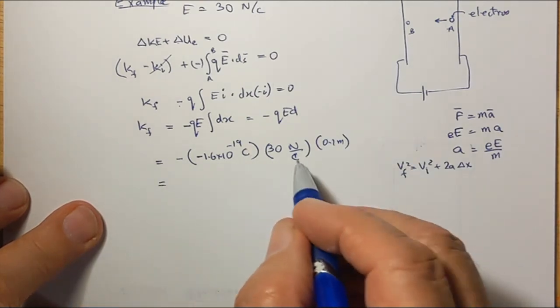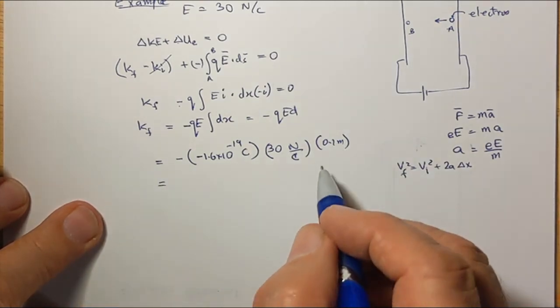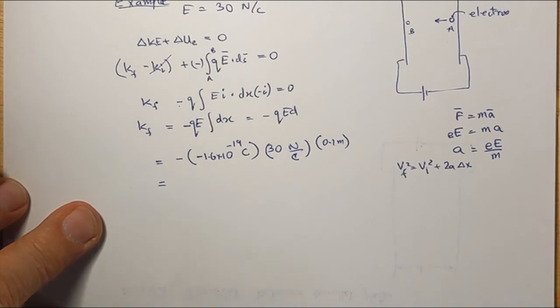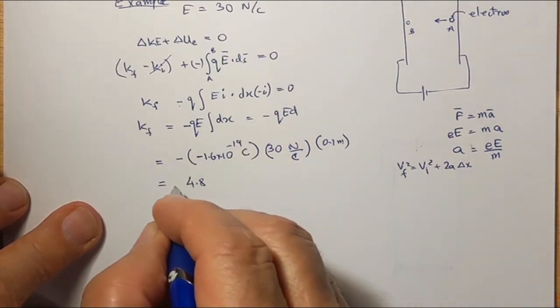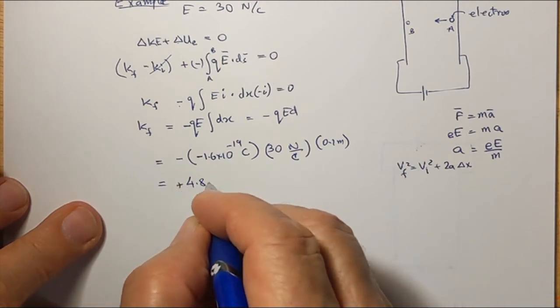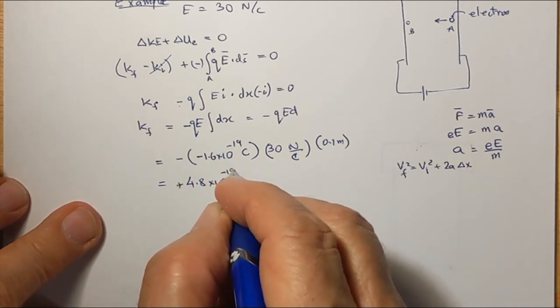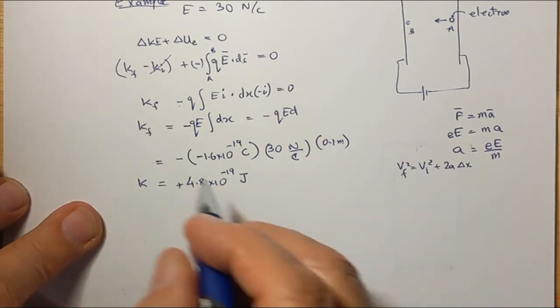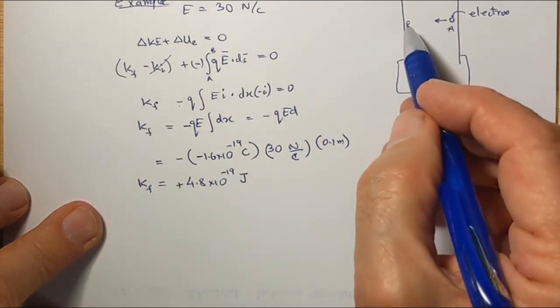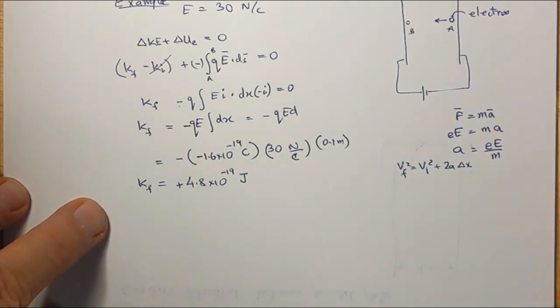The coulombs will cancel, a newton meter gives us a joule, so the units come out right. When we multiply this, we get 4.8, with a positive sign, times 10 to the power minus 19 joules. That becomes the kinetic energy of the electron as it hits the positive plate.